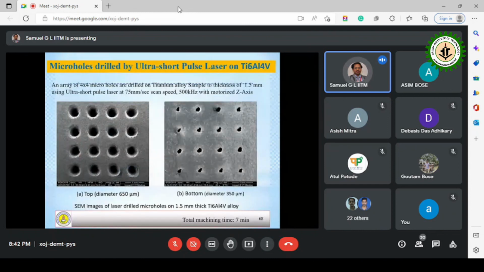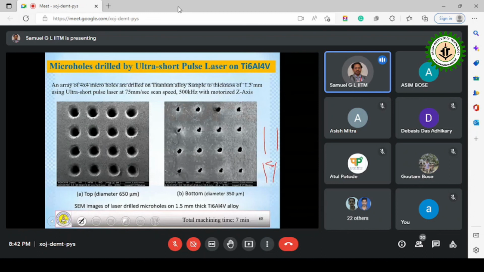We have machined different types of holes, but there is still a challenge with the laser: when you produce the holes, they are not very cylindrical like this, but they are like this. Because these are micro holes, there is not even space for the light to enter.